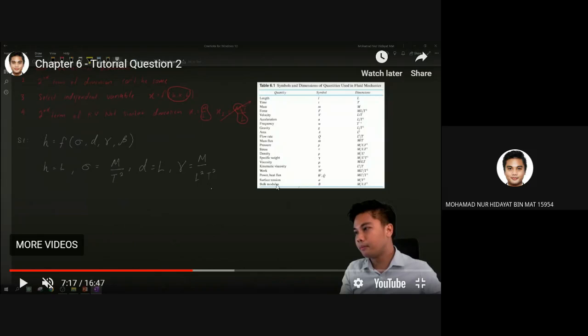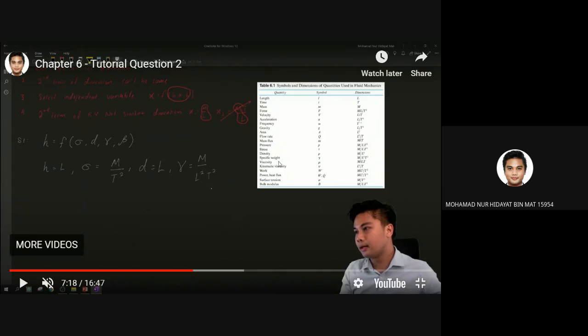In table 6.1, you can see the surface tension is m over t squared. The diameter is L and the gamma here is m over L squared t squared. During your test, you can refer to this table on your own, because the test is open book. You can open all the tables to refer to the dimension analysis table.